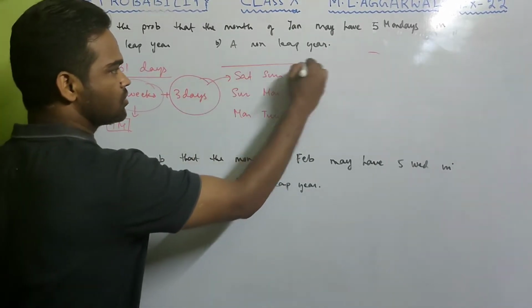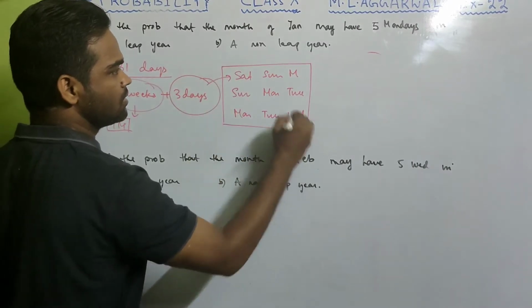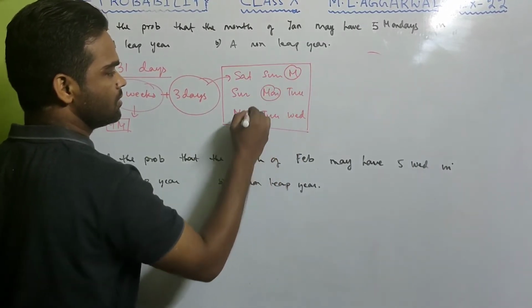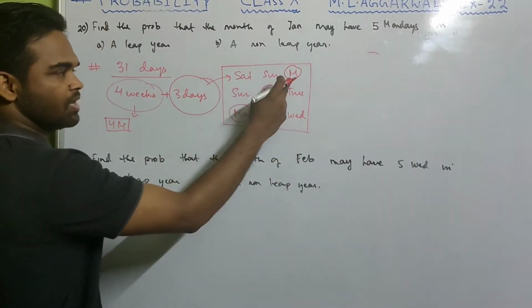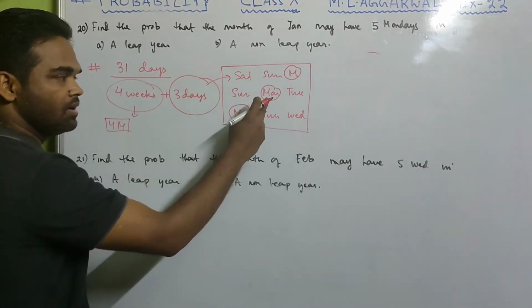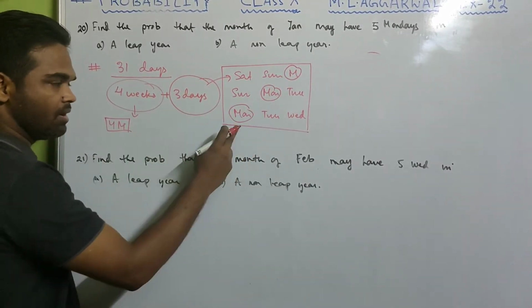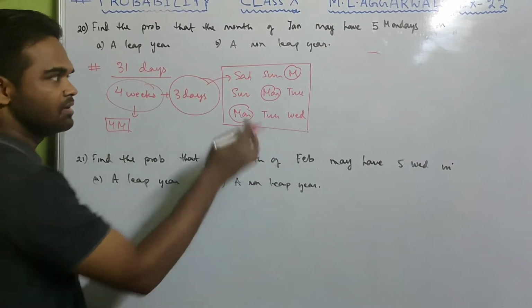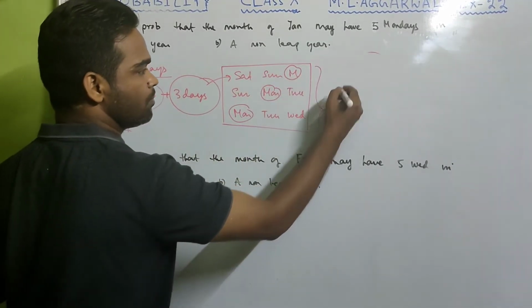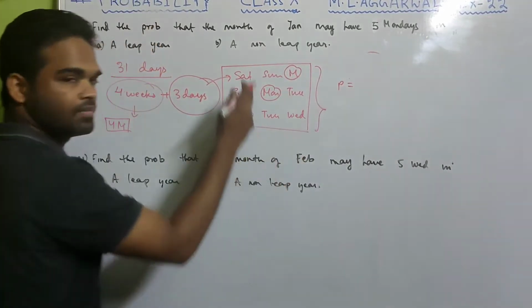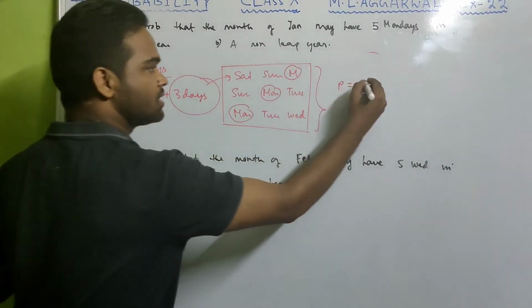So in all the 3 cases, there is a Monday. So 4 Mondays plus 1, the 5th Monday, again 4 Mondays plus 1, the 5th Monday, again 4 Mondays plus 1, the 5th Monday. So the number of favorable outcomes is 3.